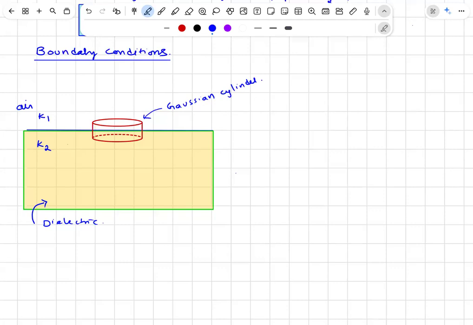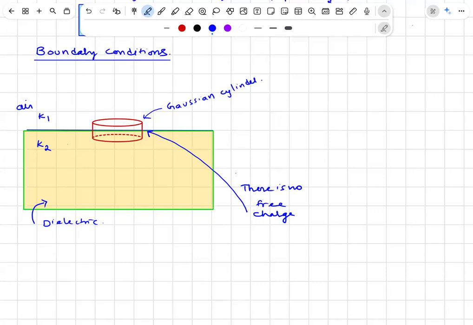First point is that at this point there is no free charge. Not a metal plate. It's a dielectric. There is no free charge enclosed inside the boundary.